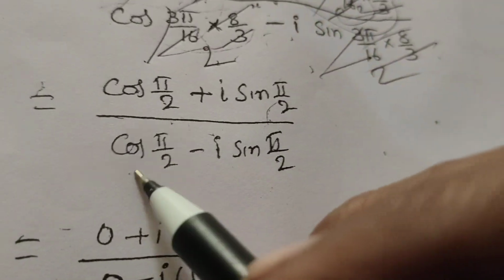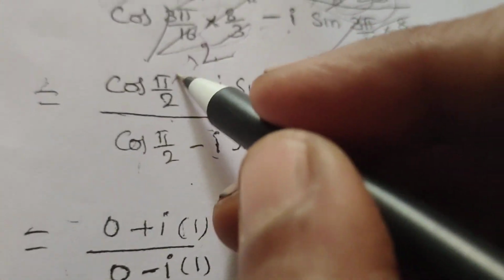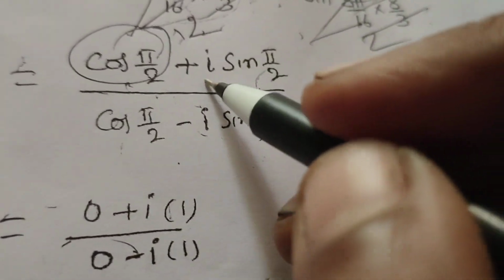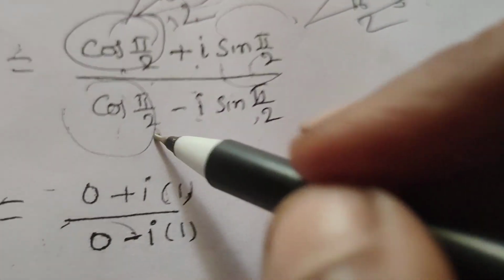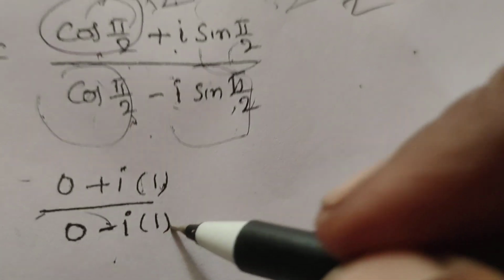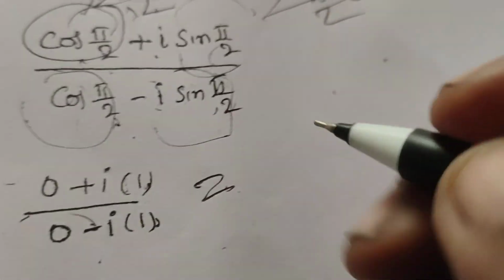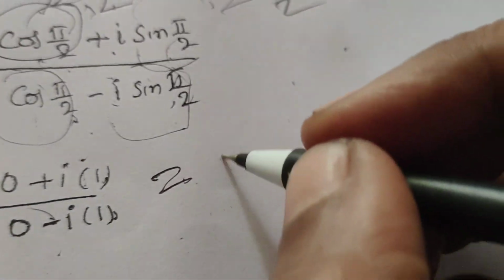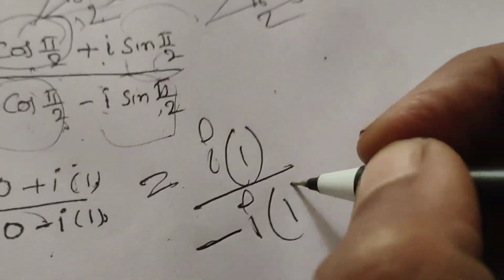Next, (cos π/2 + i sin π/2) / (cos π/2 − i sin π/2). Cos π/2 is cos 90°, which is 0, plus i times sin 90°, which is 1, divided by 0 minus i times sin π/2, which is 1. Now i times 1 divided by −i times 1 gets cancelled, and we get −1.